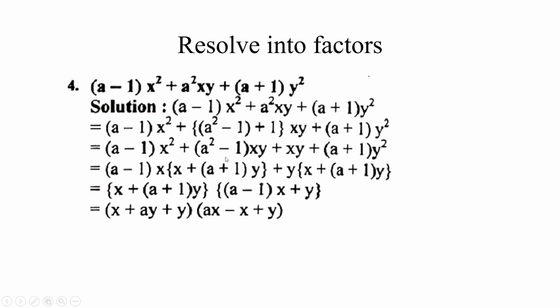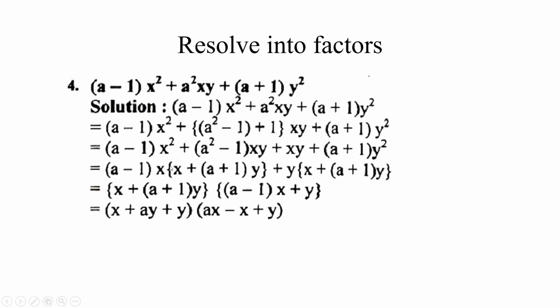Dear cadets, a square minus 1 means (a plus 1) into (a minus 1). So here a minus 1 is present and also here a minus 1 is present. So take a minus 1 as a common part. You will get (a minus 1) into x as a common part.